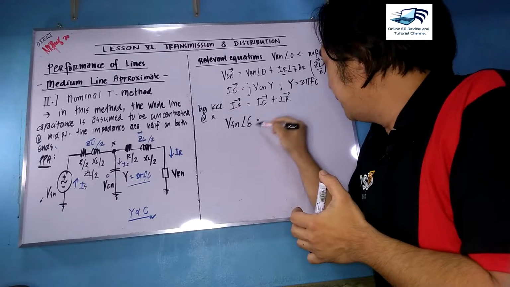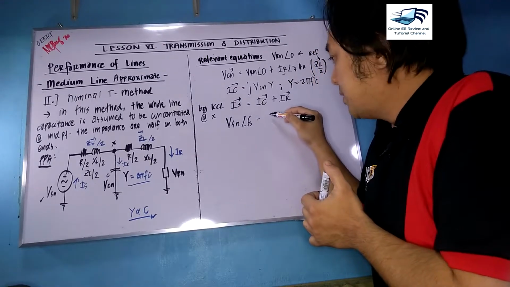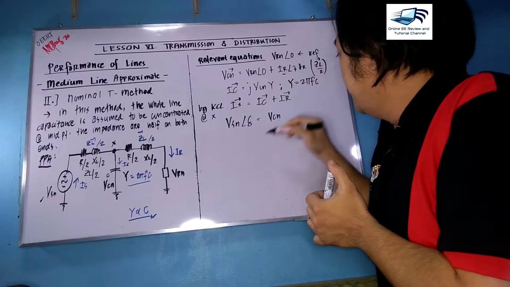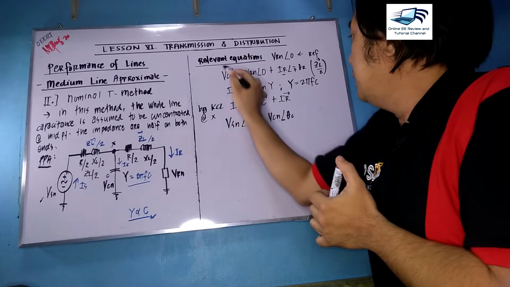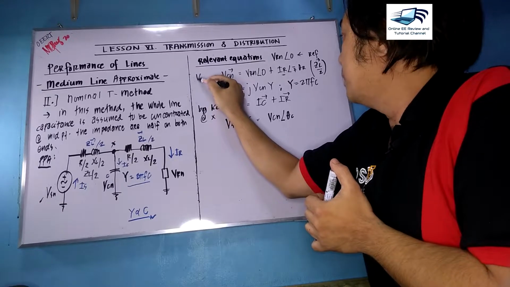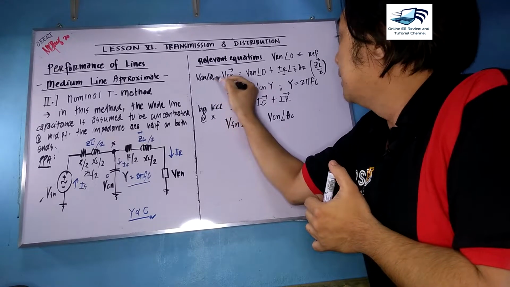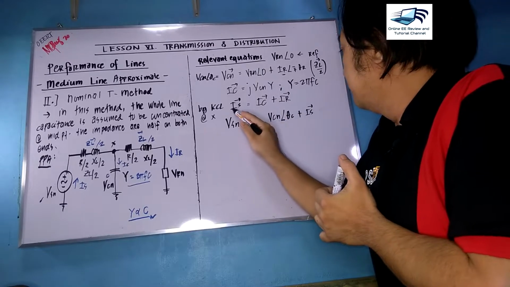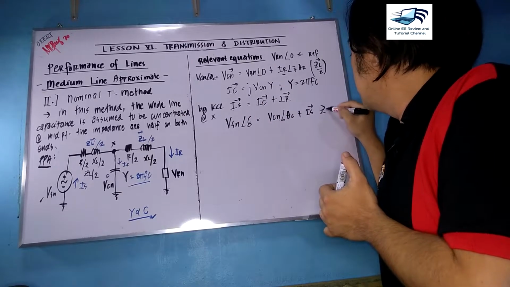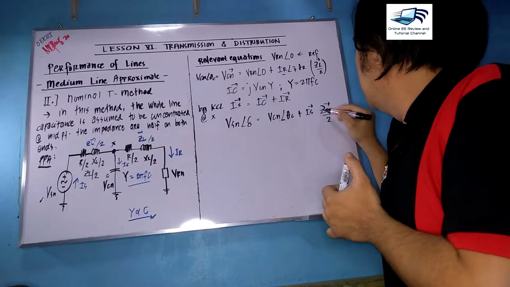Now you can get your VS with the transmission angle alpha, which is simply equal to whatever your VCN here, I could say you have an angle theta C. So we can have this one as VCN angle theta C, plus whatever your IS here multiplied by ZL all over 2.